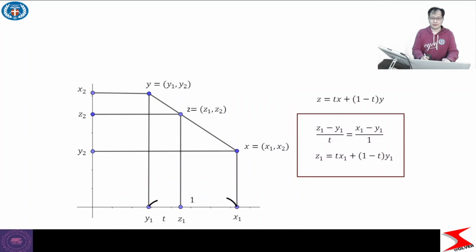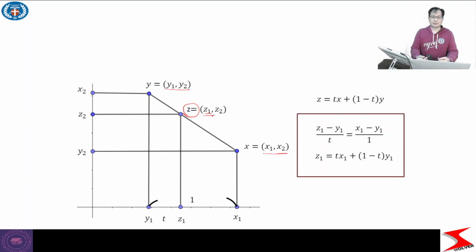Suppose there are only two variables, x and y, where x is (x1, x2) and y is (y1, y2). In a 2-dimensional graph, we can represent z by x and y. First we consider z1.